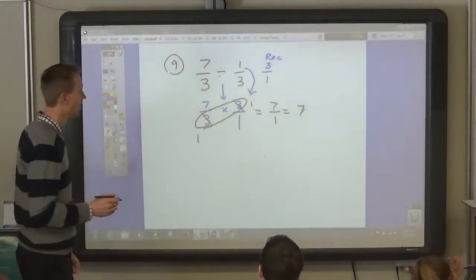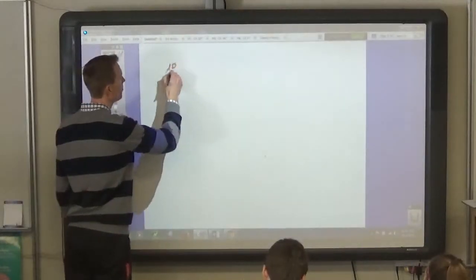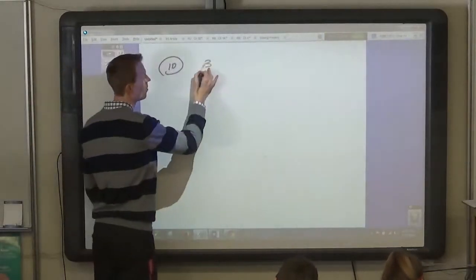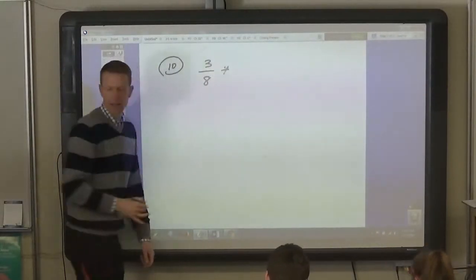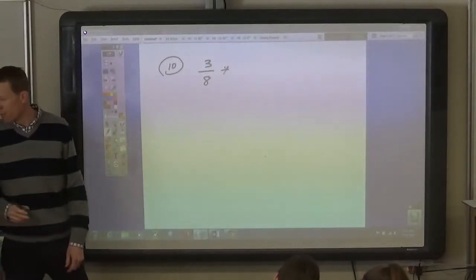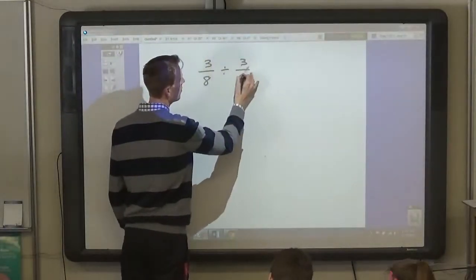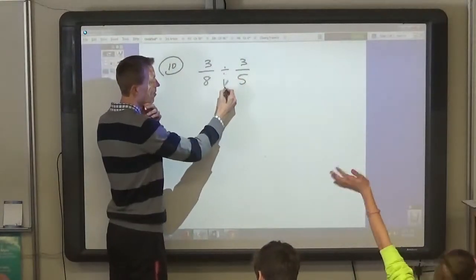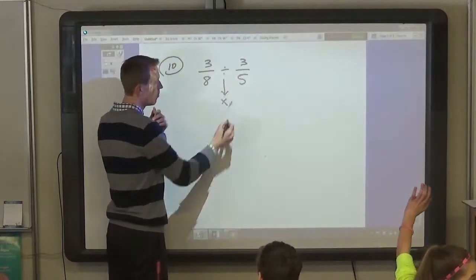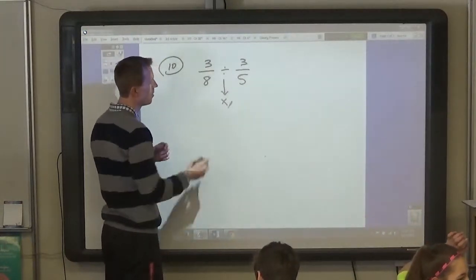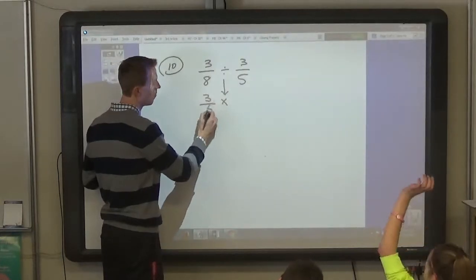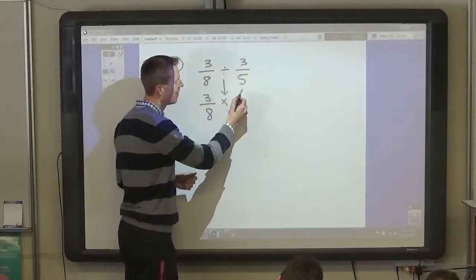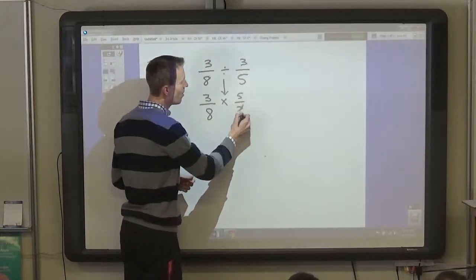Okay? Let's do this procedure again. Number 10. 3/8 divided by 3/5. What's the first step, Nate? Change it to multiplication. Change it to times. Keep the first number and flip the 3/5 into 5/3.